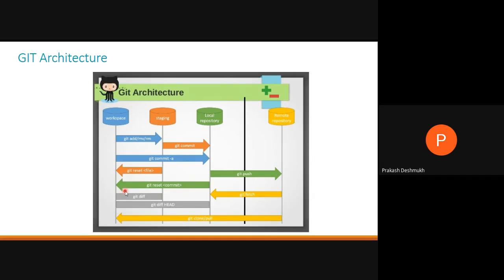So this is the cycle. Okay, so when you install Git, you download it from Git site and install it. Then first thing you'll need to create is a repository, and then you clone it on your local machine and then start working on that with these commands.